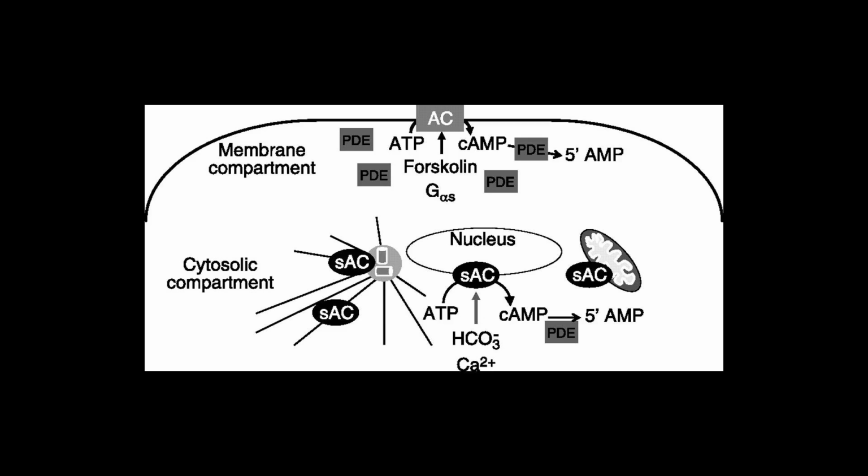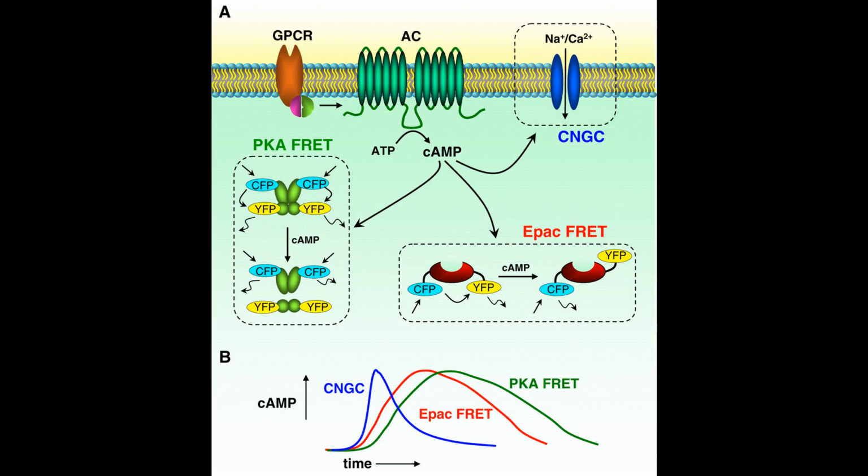Types. There are 10 known isoforms of adenylyl cyclases in mammals. These are also sometimes called simply AC1, AC2, etc., and, somewhat confusingly, sometimes Roman numerals are used for these isoforms that all belong to the overall AC Class 3.